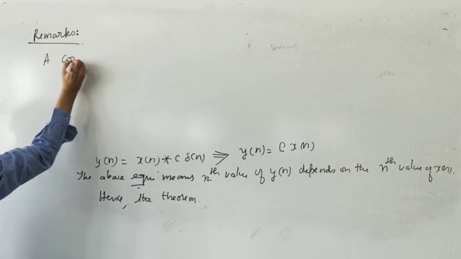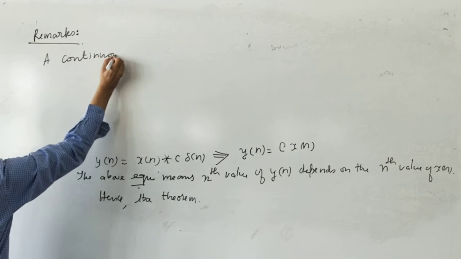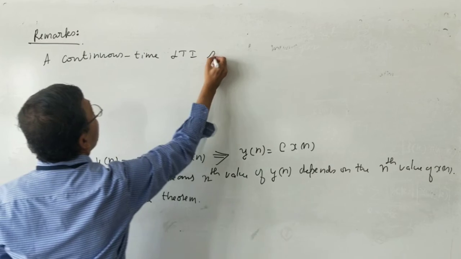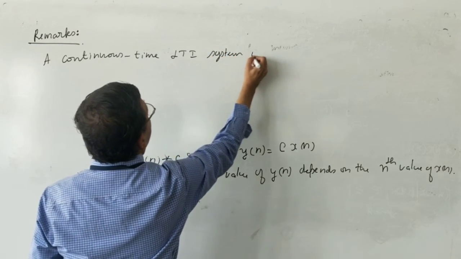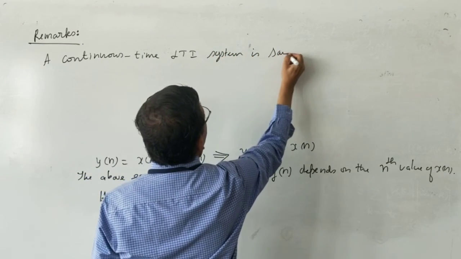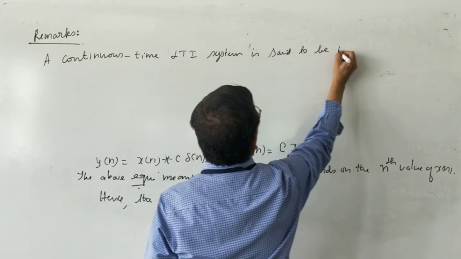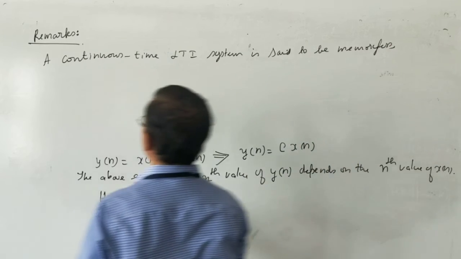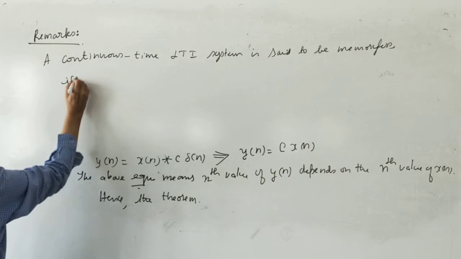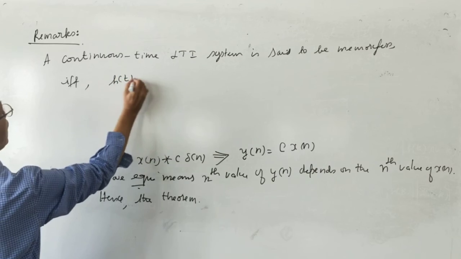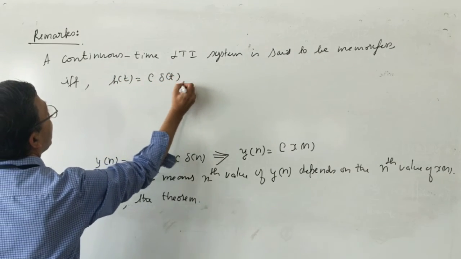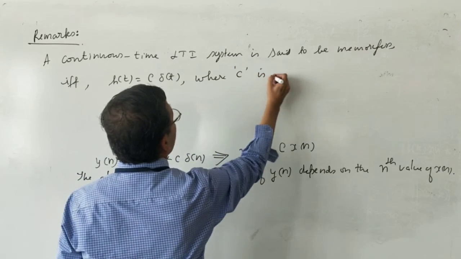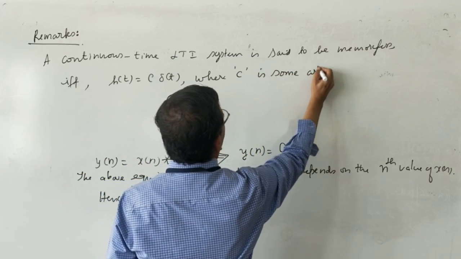A continuous time LTI system is said to be memoryless if and only if h of t equals c into delta of t, where c is some arbitrary constant.